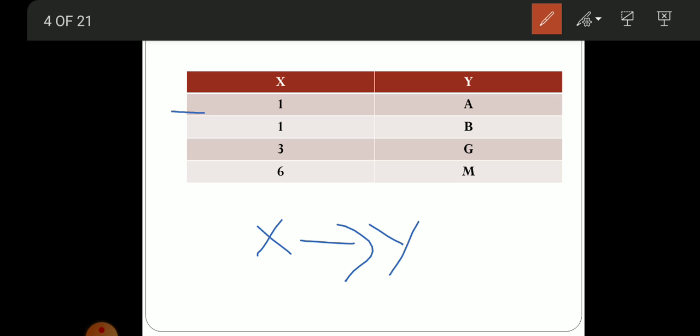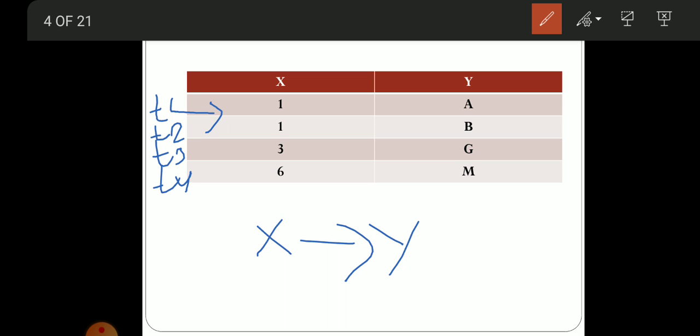In a table we use the word tuple for rows. So it is tuple number 1, tuple number 2, tuple number 3 and tuple number 4. These rows are known as tuples. So we have 4 tuples in this particular example.